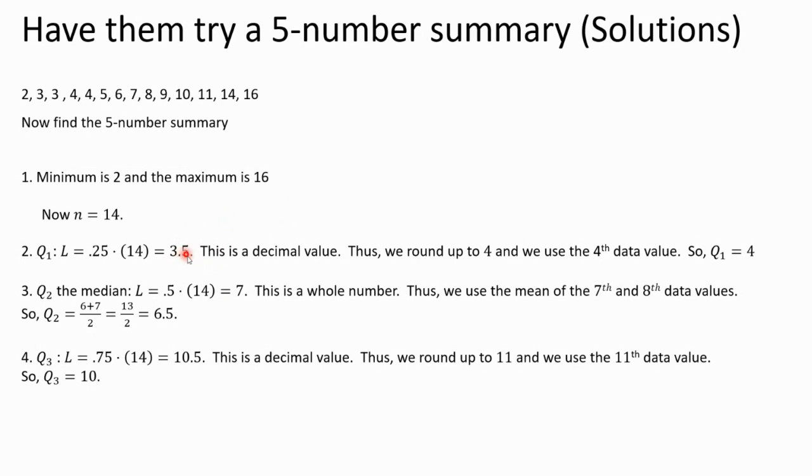That tells us that the data value in the 4th position is what we use as our Q1, our first quartile. From the data, 1, 2, 3, 4, so 4 is our first quartile.